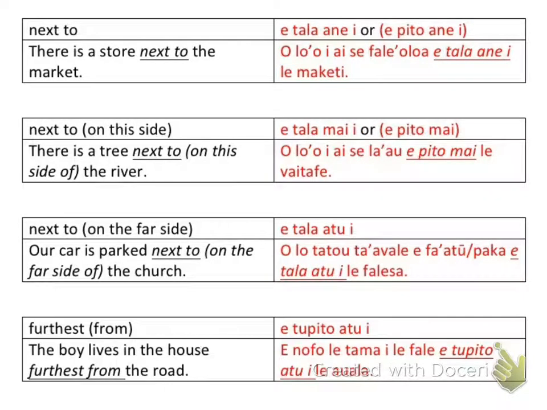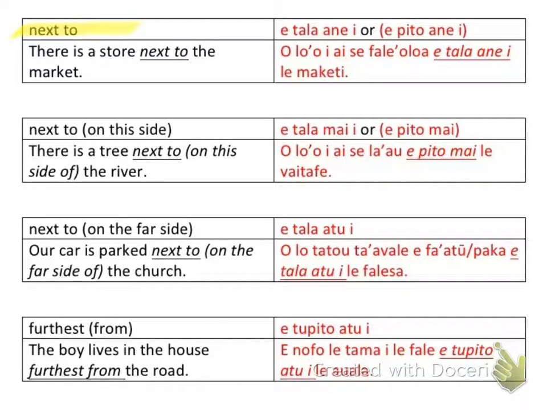And then we also have another way to say next to on this side, and next to on the far side. To be honest, I kind of like this way of saying it a little bit more. I think I heard this maybe a little bit more, but you'll hear both, so you need to know both.